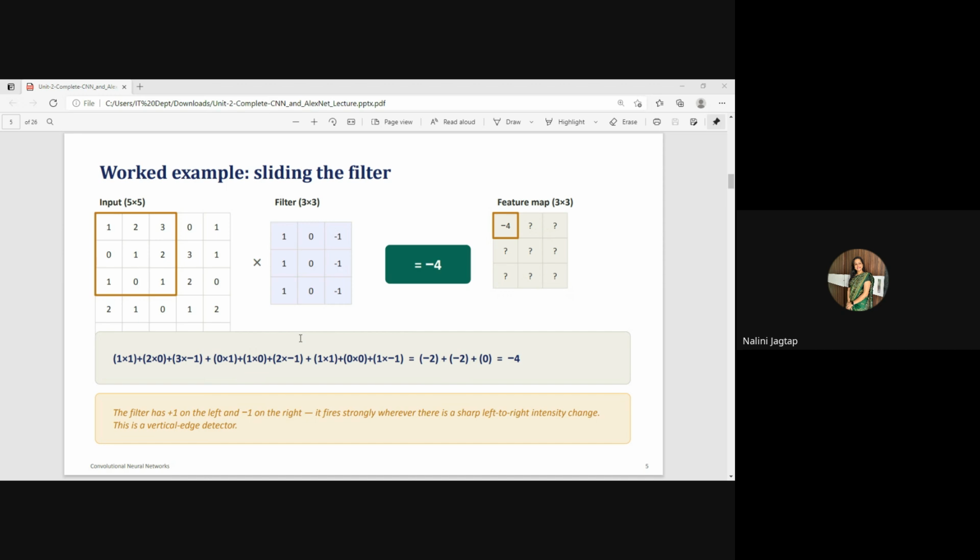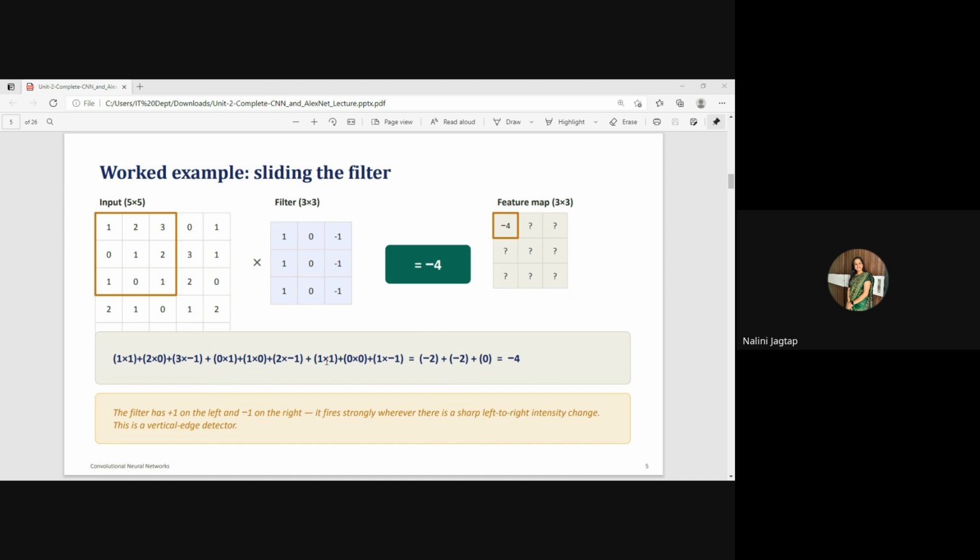Since the filter rewards high values on the left with the positive weight and penalizes high values on the right with the negative weight, if we keep sliding this filter across all the remaining positions, we will fill in the rest of the 3 by 3 feature map. And wherever this exact left bright, right dark pattern repeats in the image, we will again see a large negative or large positive value depending on the direction of the transition.